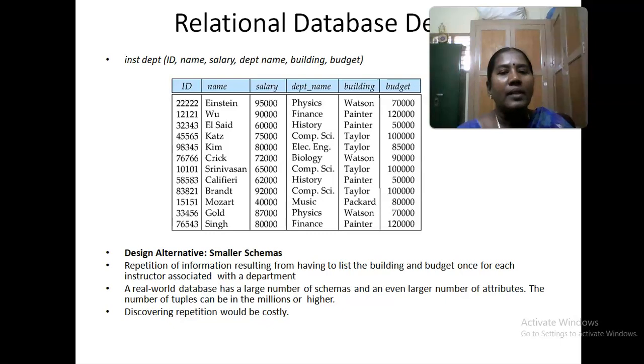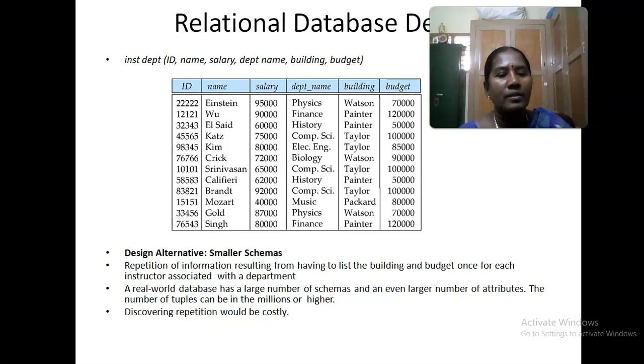So the relational database design begins with the department. It will contain different tuples with ID, name and salary of the instructor, followed by the department attributes.